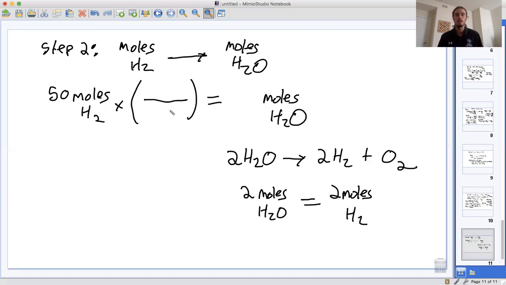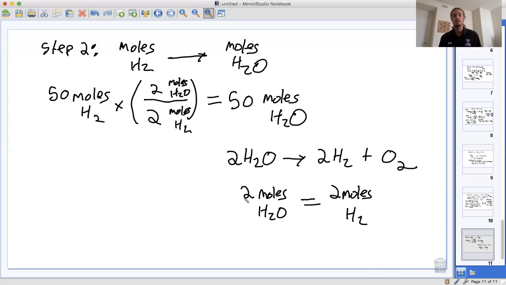So I'm going to put moles of H2 on the bottom, moles of water on the top. And I know that 2 moles of water is the same as 2 moles of H2. So my moles of water is going to be 50 moles times 2 over 2. Well, 2 over 2 is just 1, so I'm going to end up with 50 moles of water.